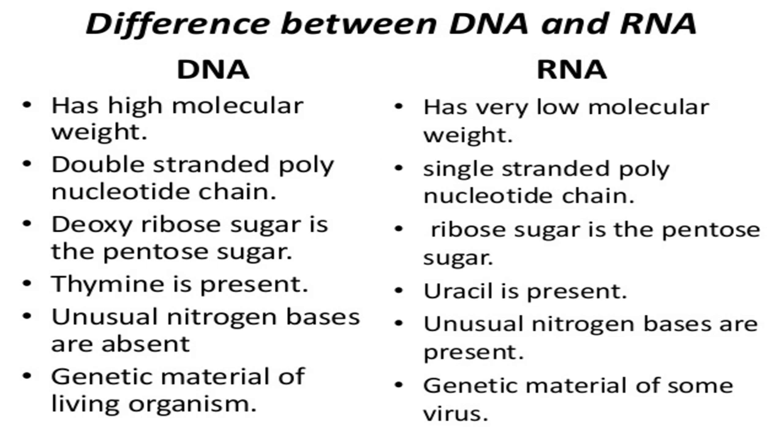Thymine is present in DNA, but in place of thymine, uracil is present in RNA. Unusual nitrogen bases are absent in DNA, but all the unusual nitrogen bases are present in RNA. The genetic material of living organisms works as DNA, but the genetic material of some viruses is carried by the RNA.